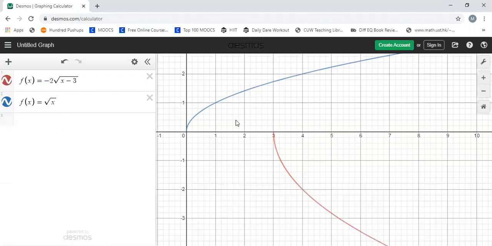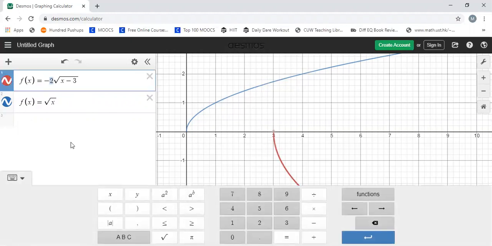And what made it wider? What made this open faster than this function? This function is narrower, it opens slower. Hopefully yesterday, as you worked on the project, you recognized that it was this 2 that did that. The 2 here is what makes it go quicker to open.